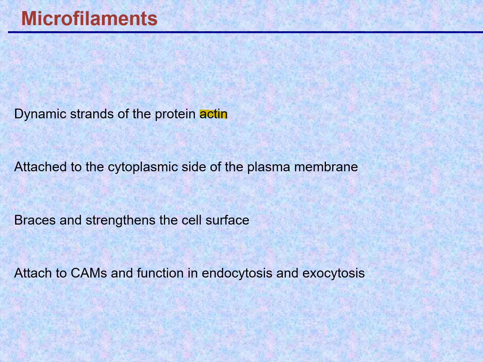So you have these strands of actin protein that make up many repeating subunits of actin, making up microfilaments. It's attached to the cytoplasmic side of the plasma membrane and stretches across, bracing and strengthening the cell surface. They also attach to cellular adhesion molecules that are embedded in the membrane, so they can help in the function of endocytosis and exocytosis.